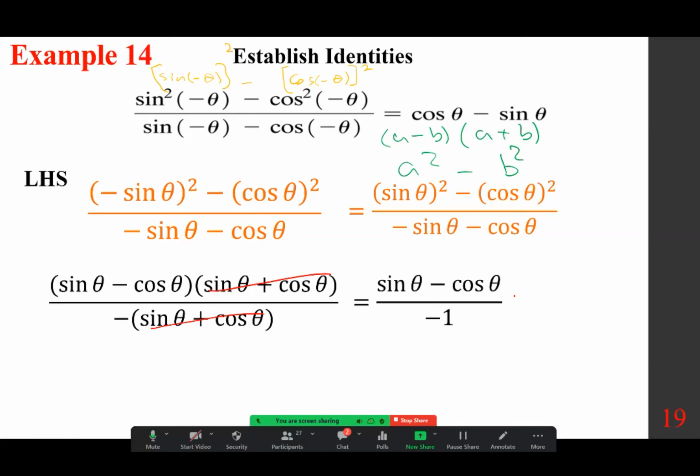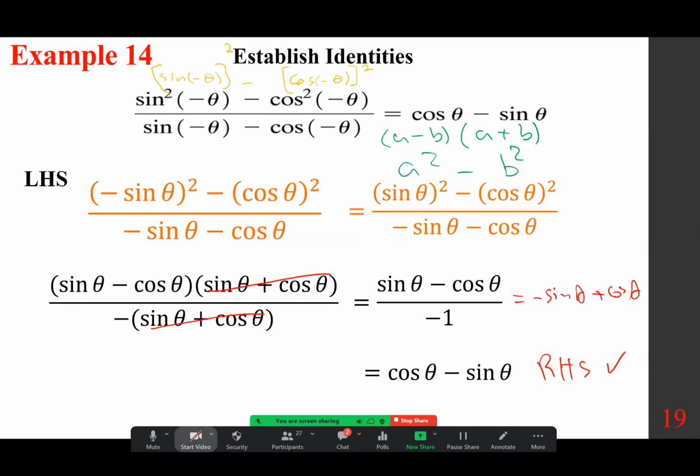The numerator, this becomes minus sine theta, and minus cosine theta becomes plus cosine theta. You can write it in this fashion, but we rather write it in the fashion that is given as the right-hand side, and that establishes the identity, and that's a proof, everybody. So that's a proof of this identity.